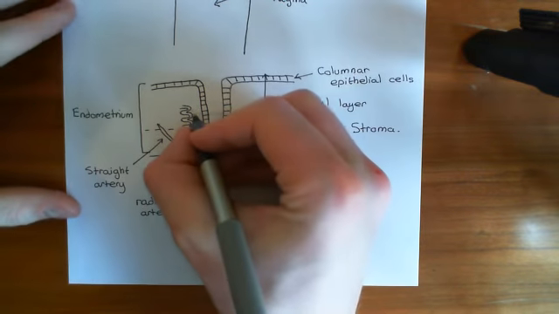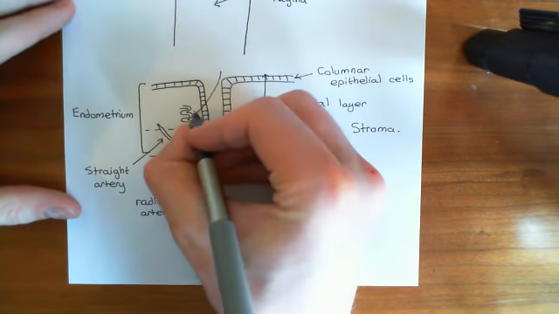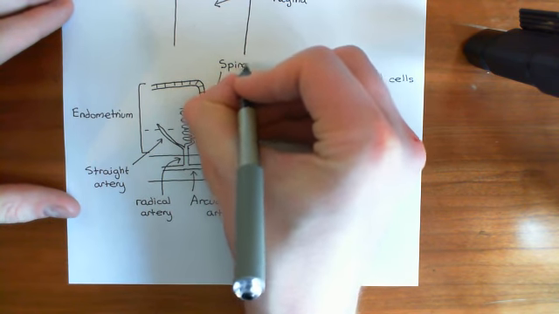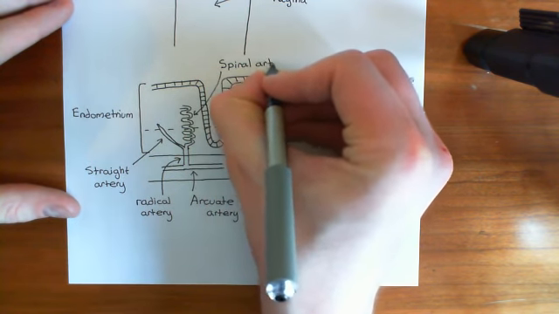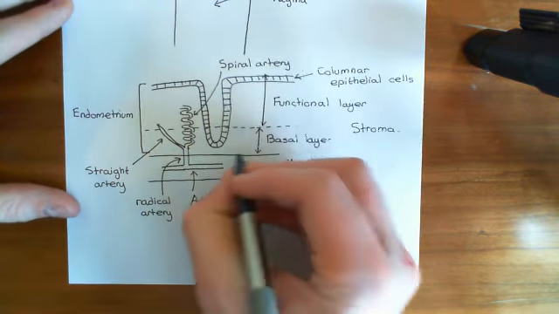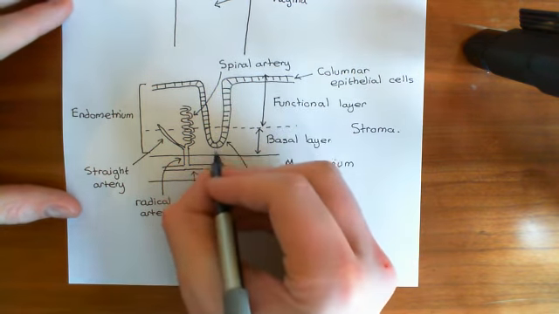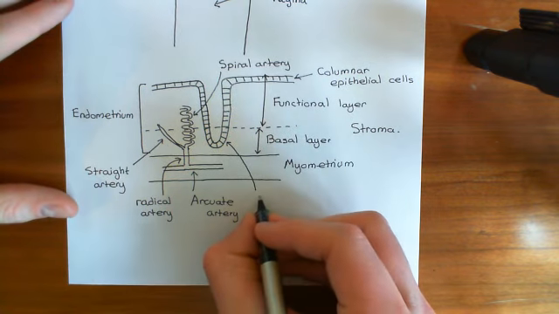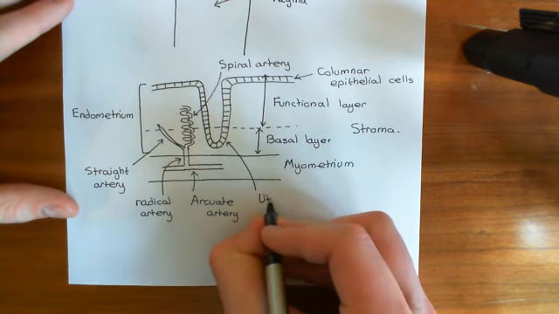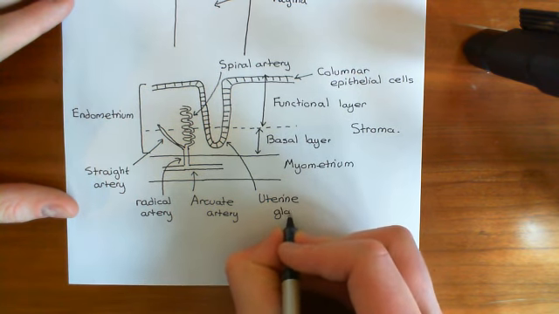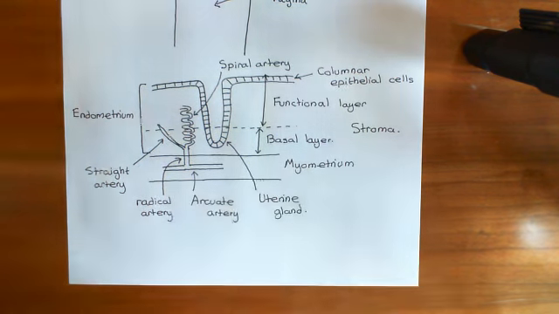So you have these two major types of arteries in the endometrium, these straight arteries and these spiral arteries. Now the one final thing to label, I've already said it, is that this invagination of the epithelium into the depths of the endometrium is what's known as a uterine gland.